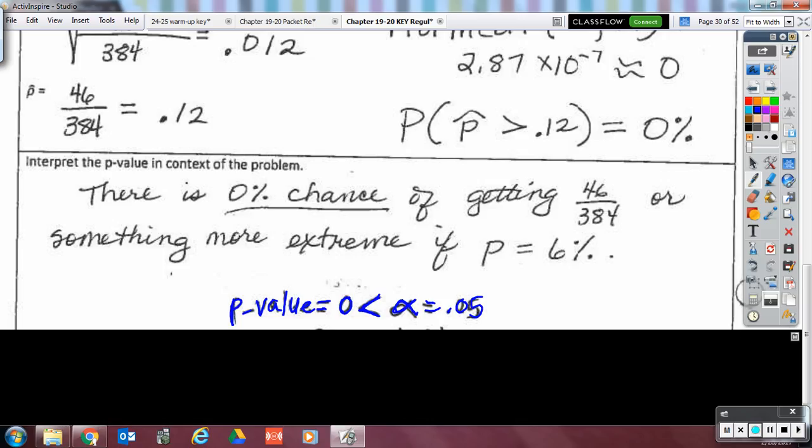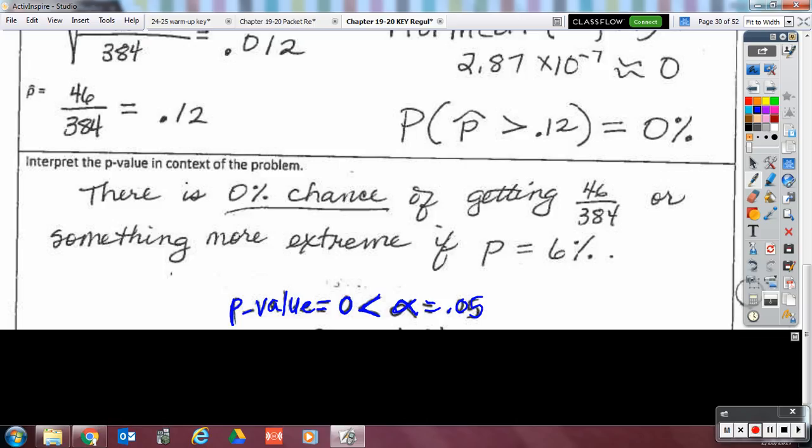So there you go. Write it that way. Our p-value, which equals 0, is less than alpha, which equals 0.05. So think about that. The p-value is lower than alpha. Do you agree? 0 is lower than 0.05?